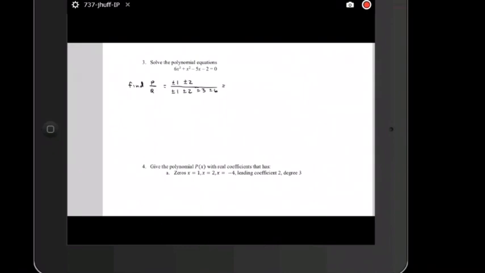So then if we divide each factor of P by each factor of Q, we're going to have 1, 1/2, 2, 2/3, 1/3, 1/6.